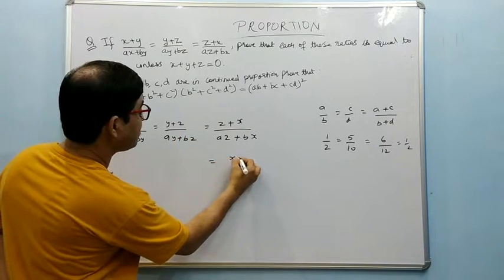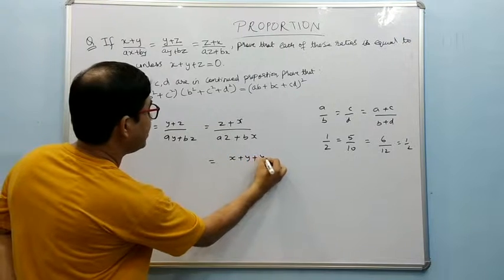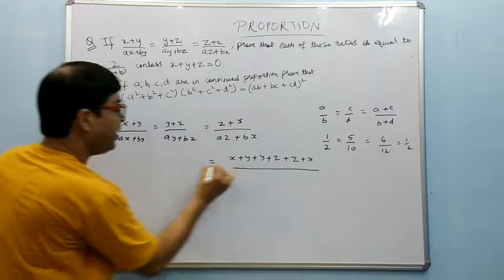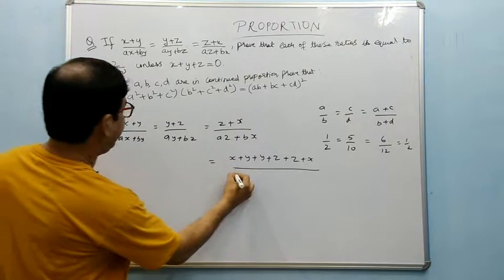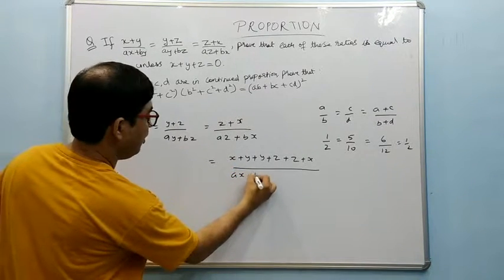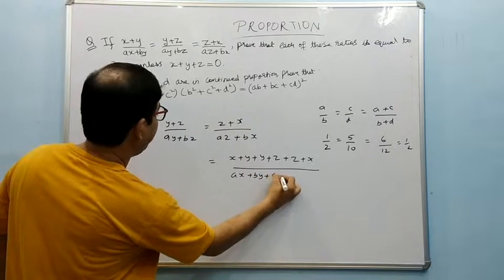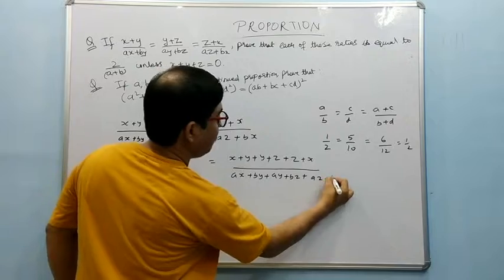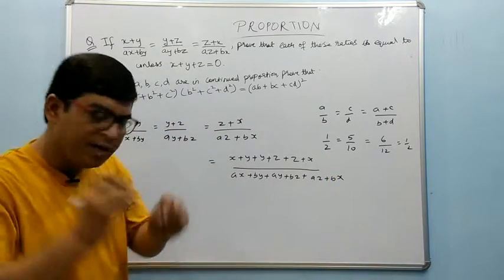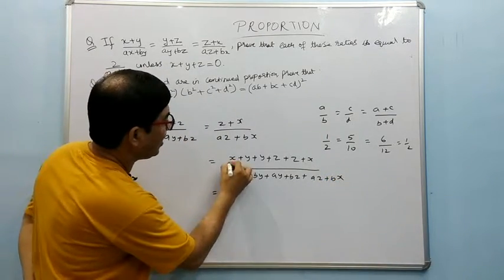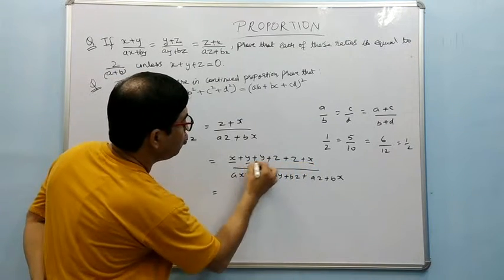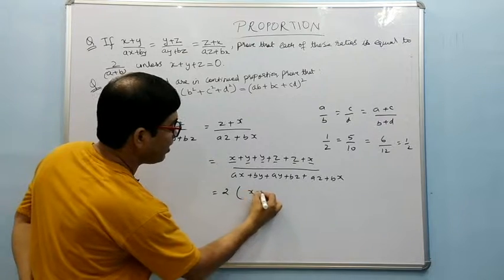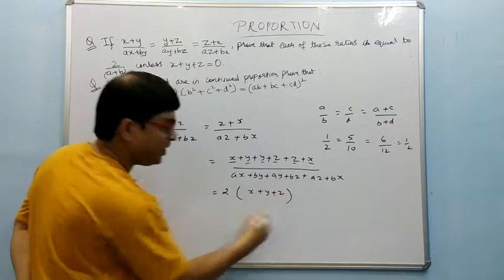It is coming out to be x plus y plus y plus z plus z plus x, and here it is coming out to be ax plus by plus ay plus bz plus az plus bx. On a little bit of simplification, what is that? 2x, 2y, 2z. So 2 taken common, it is 2 times (x plus y plus z), is it?